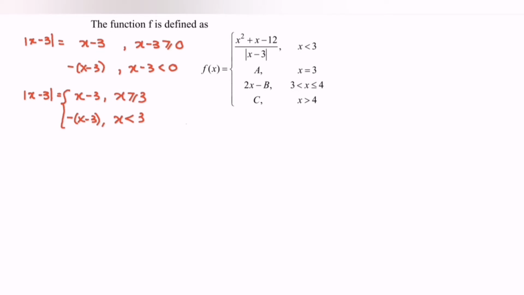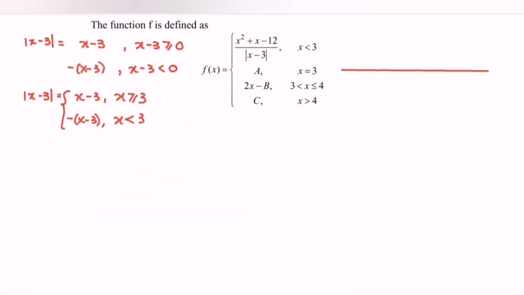Next, I'm going to illustrate the situation on a number line. Now I'm going to locate the values 3 and 4. Let's begin with the first function, x squared plus x minus 12 over the absolute value of x minus 3, where we have x less than 3.